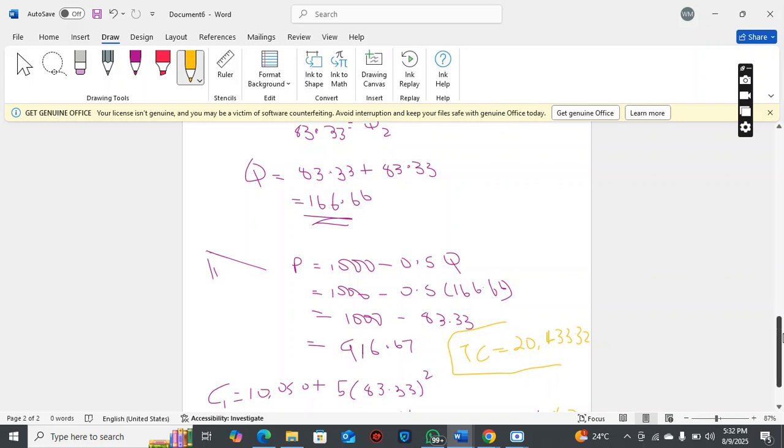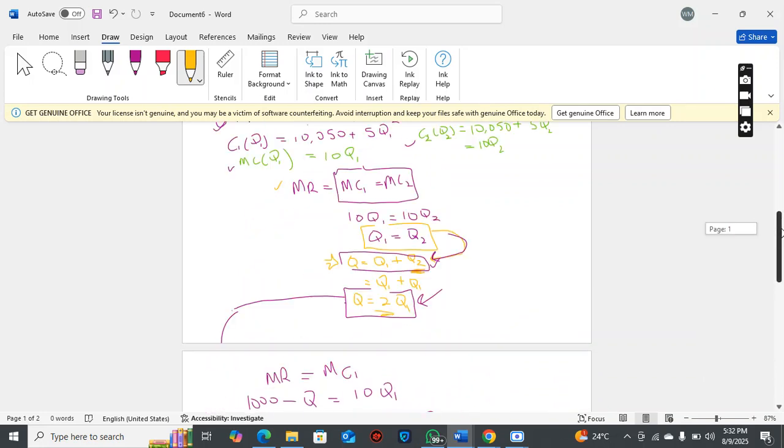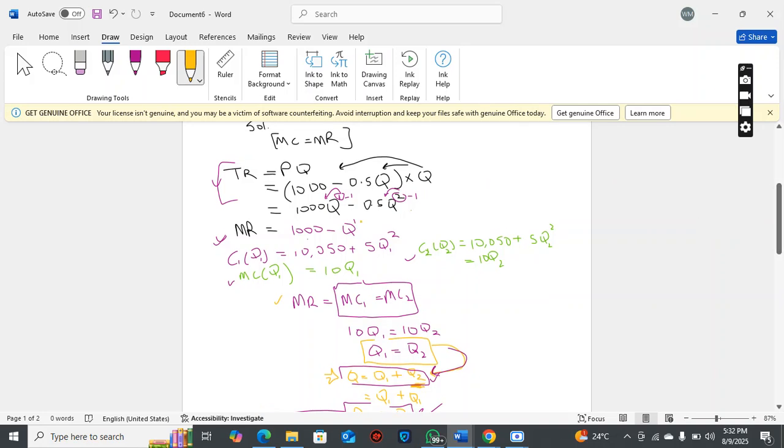Then total revenue. Where's our revenue function? 1000Q minus 0.5Q squared. Remember our total revenue function, 1000Q minus 0.5Q squared.